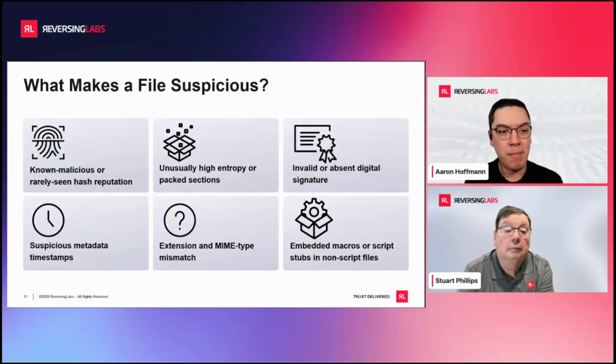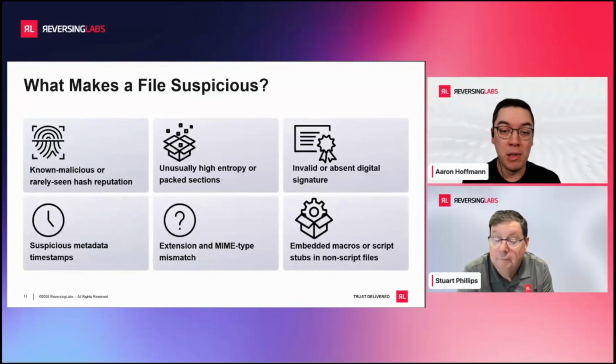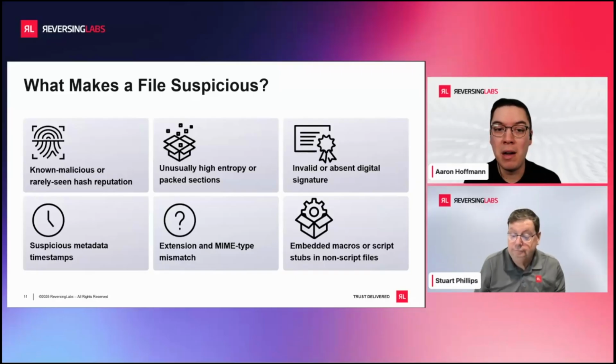So generally, I would hope at least most people are implementing some sort of reputational check when there are alerts or if they're doing any type of investigations on files. So if you see a file and you have a known malicious reputation associated with that, yeah, that's going to be suspicious. So you might want to do some extra checks there, or maybe activate your incident response plan if you have that level of concern there.